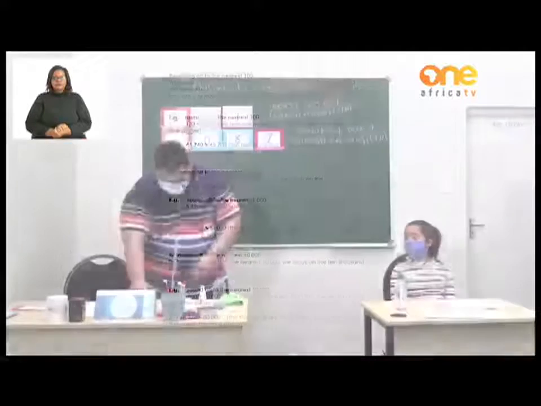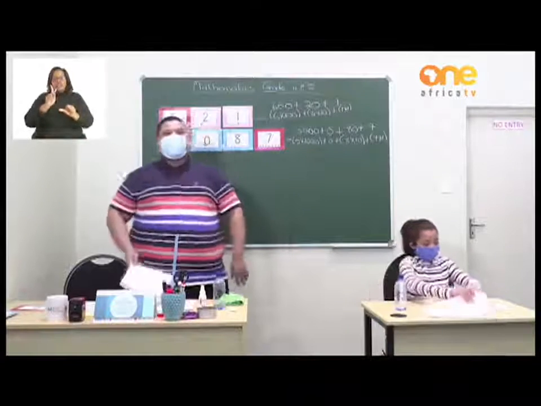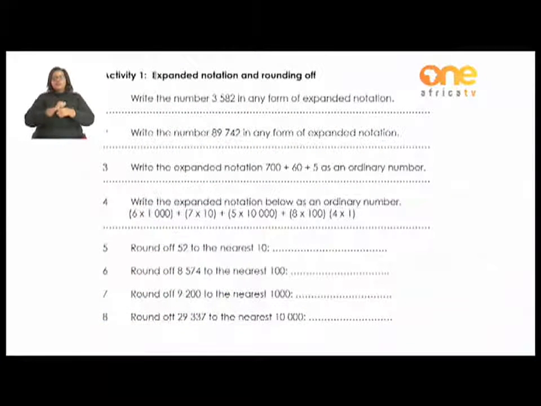Now, boys and girls, if we turn to page 25 of our book, you will see there's a really nice activity for you guys to do. The activity is based on expanded notation and rounding off. Number 1, write the number 3,582 in any form of expanded notation. Remember, we did 2 forms. Number 2, write the number 89,742 in any form of expanded notation.